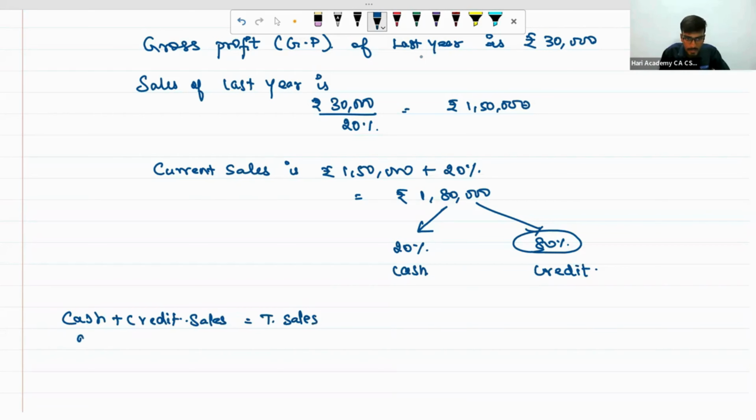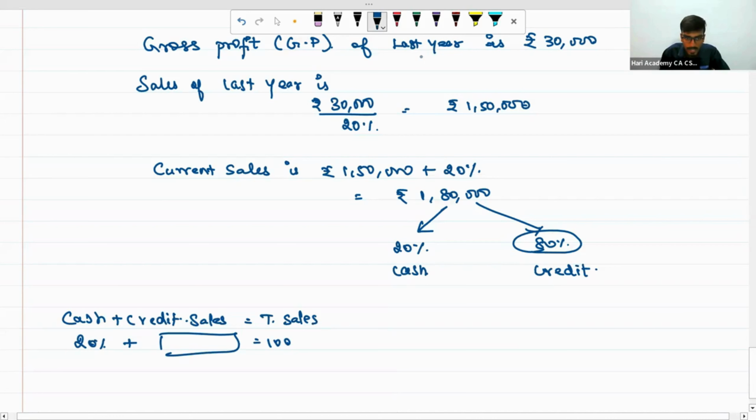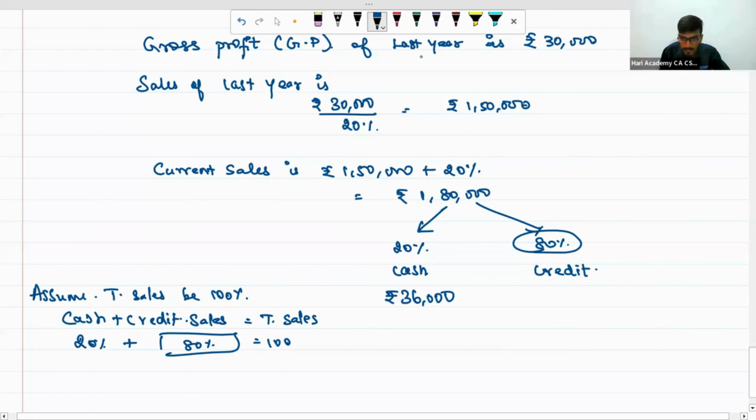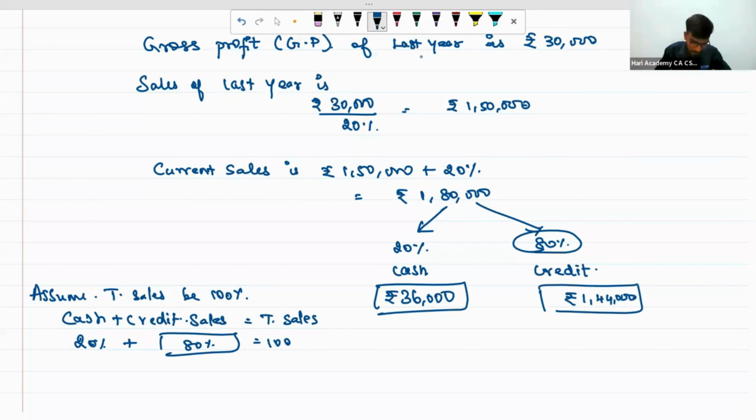Assume total sales be 100%, so if cash sales is 20%, credit will be 80%. Now 1,80,000 into 20% is rupees 36,000. Box it like this. Then minus, the value you will get is rupees 1,44,000.